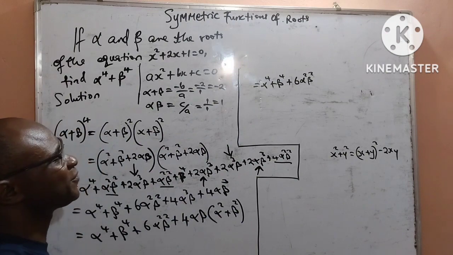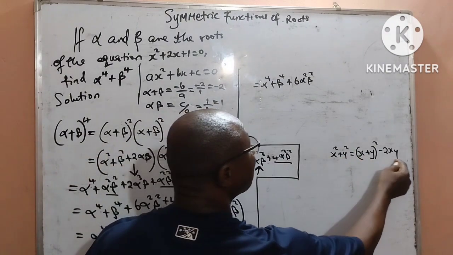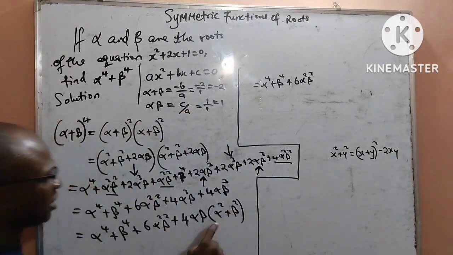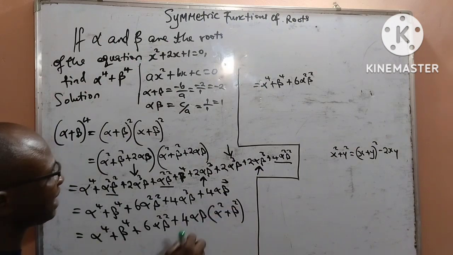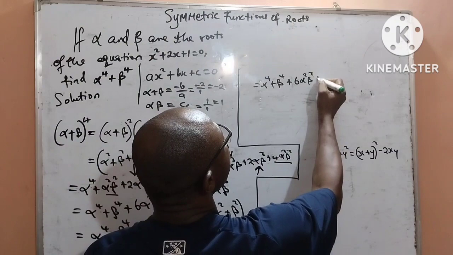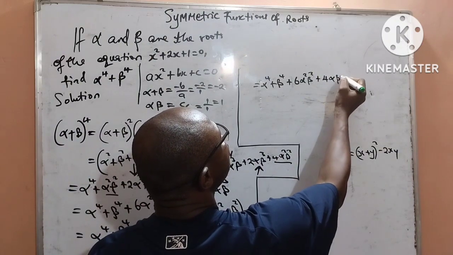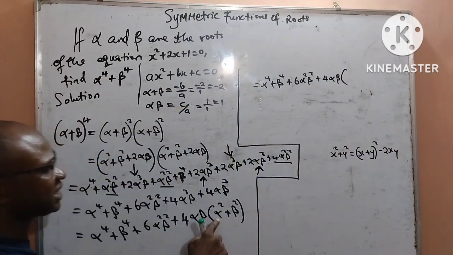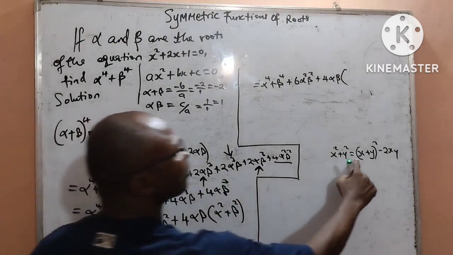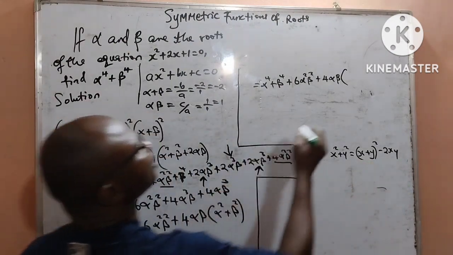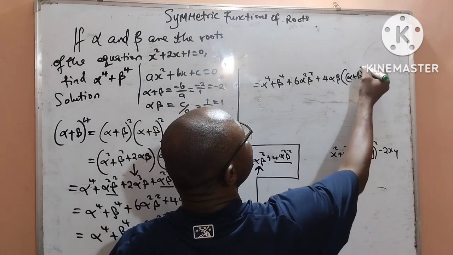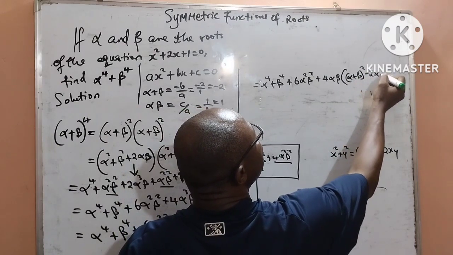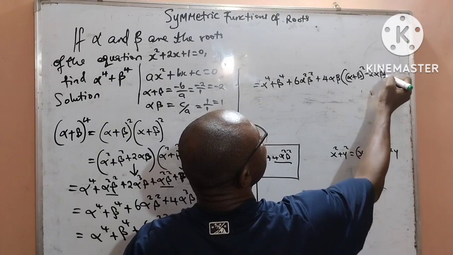Okay, that is a very beautiful one. So I am going to apply this knowledge to the expansion of alpha squared plus beta squared in the bracket here, meaning that what I will now have is plus 4 alpha beta. Then inside that bracket, I will now apply this knowledge, and that is going to give me alpha plus beta, then squared minus 2 alpha beta, then squared.